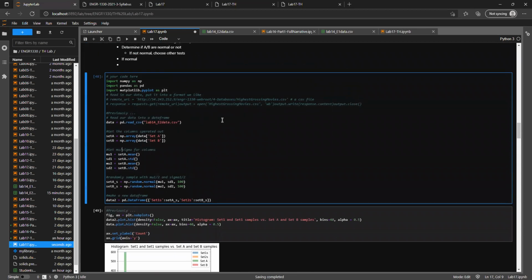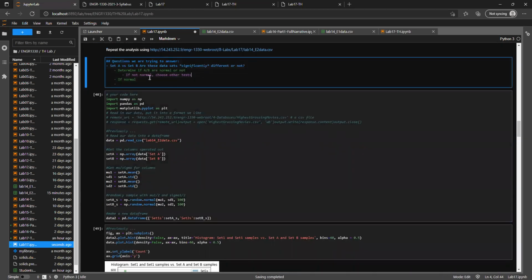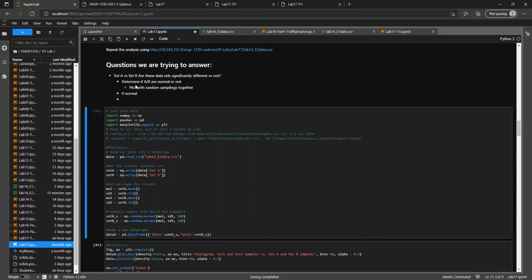Okay, well, step one is we're getting there. Plot with random samplings together. All right. So we're done with this part.